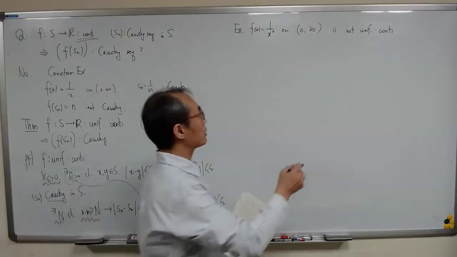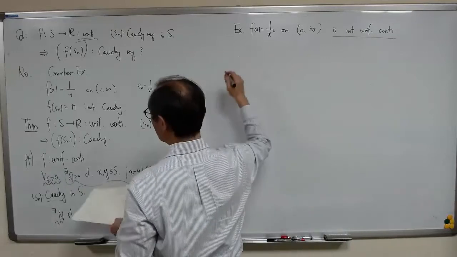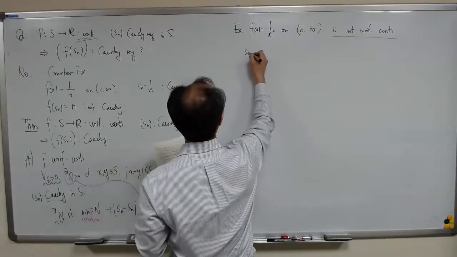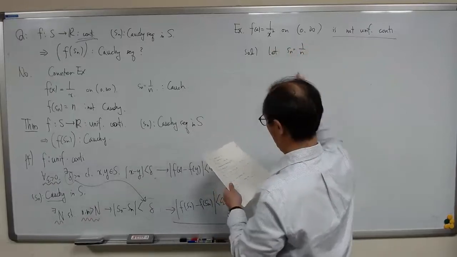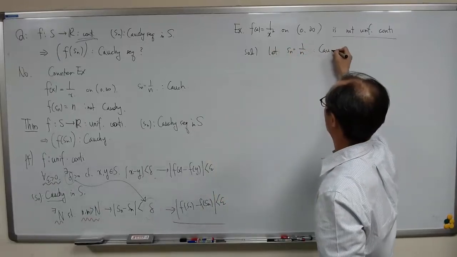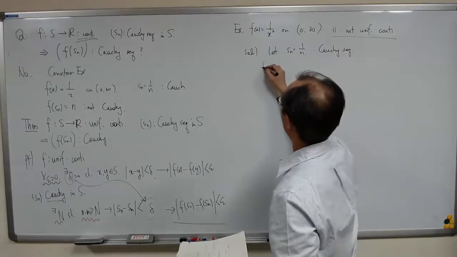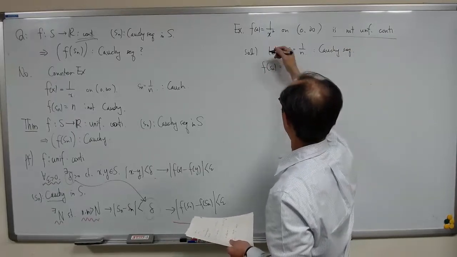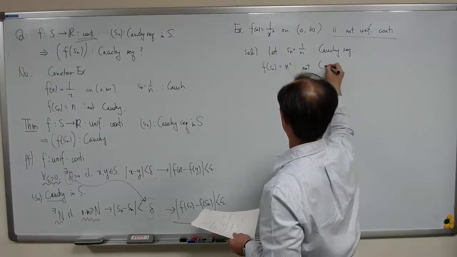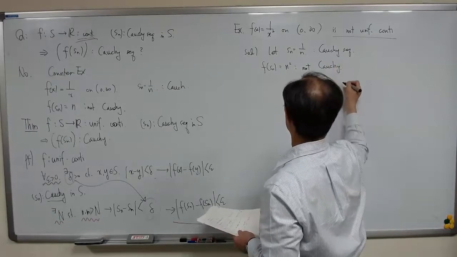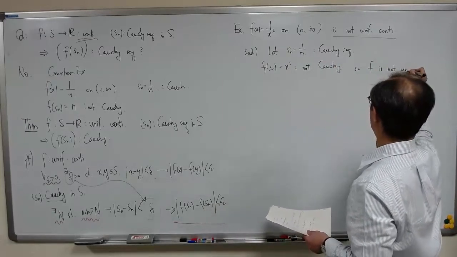However, you can show the same property by choosing a Cauchy sequence. If you choose Sn as 1 over n, then this is a Cauchy sequence. However, f of Sn, which is simply n squared, is not a Cauchy sequence. So f is not uniformly continuous.